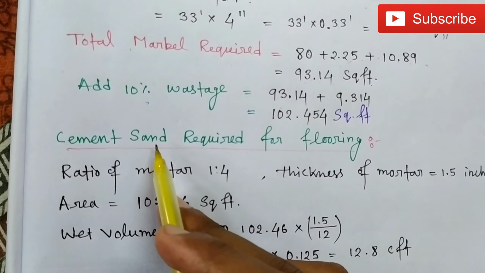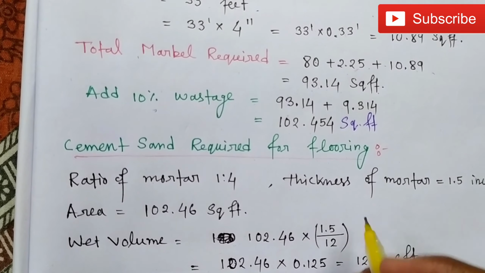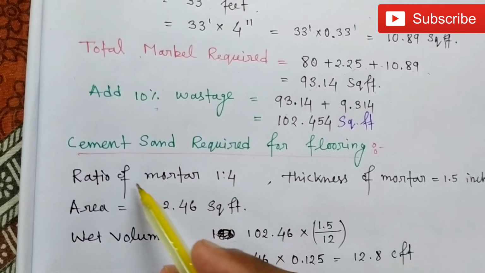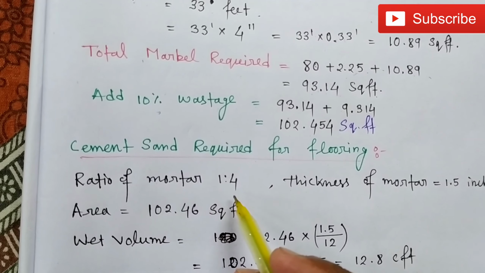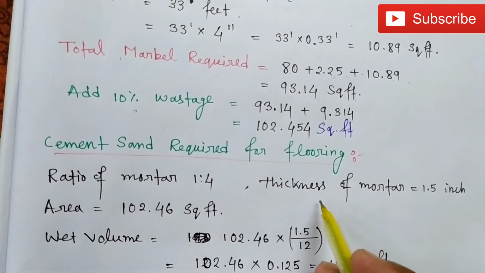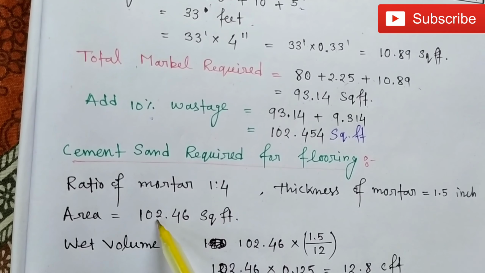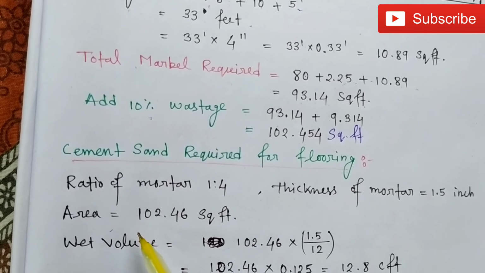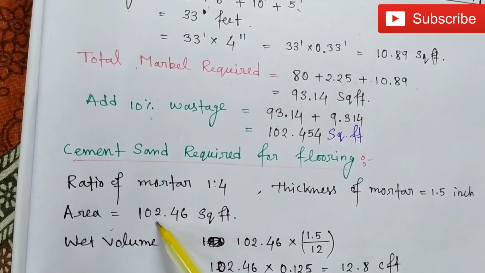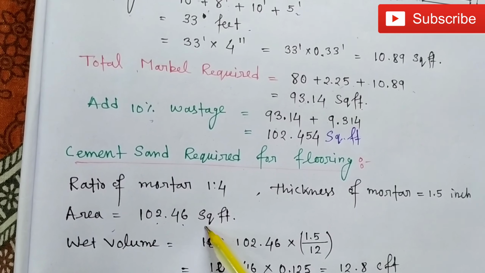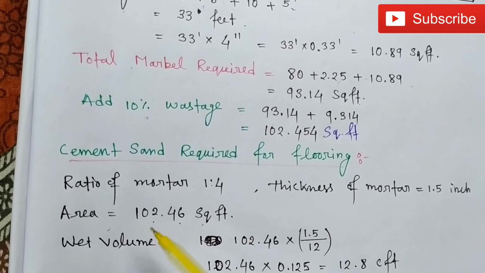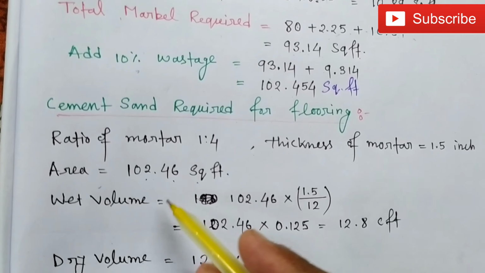Now we calculate cement required for flooring. Here we use ratio of mortar 1:4 and thickness of mortar is 1.5 inch. Our total marble area is 102.46 square feet. Now we calculate the wet volume.